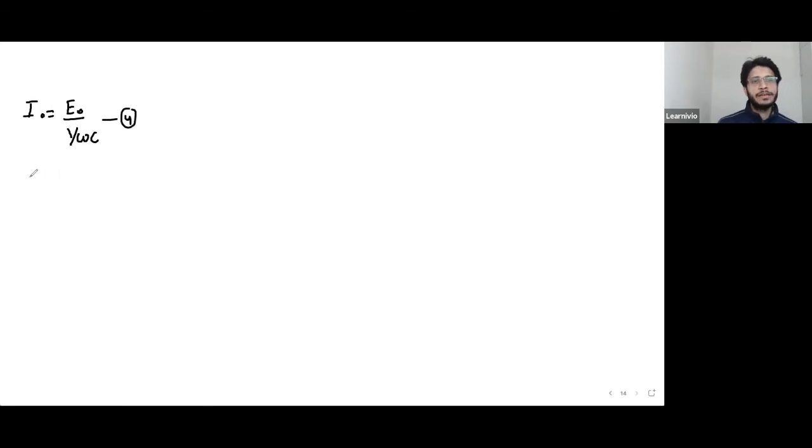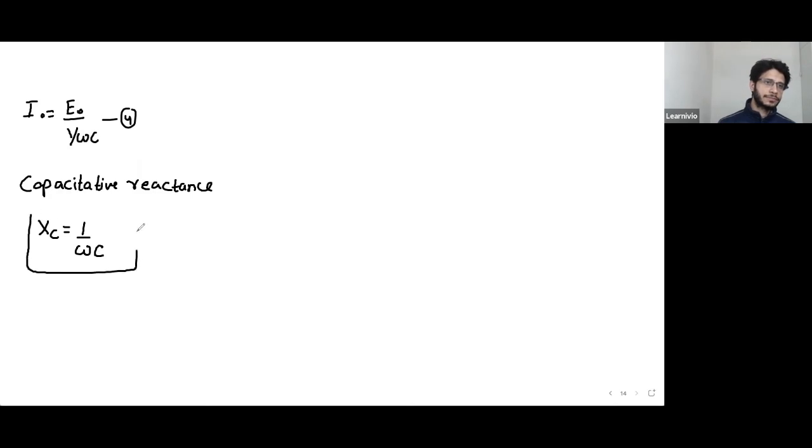Now I'm defining capacitive reactance. Capacitive reactance Xc is 1 over omega C. Its SI unit is again ohm.